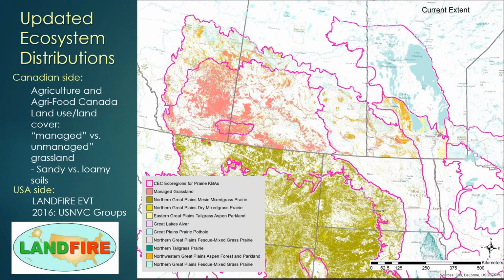Just to show you that in color in red, that area is all just mapped as managed grassland. And so taking a pretty conservative view to this, we did not include that as part of the current distribution.